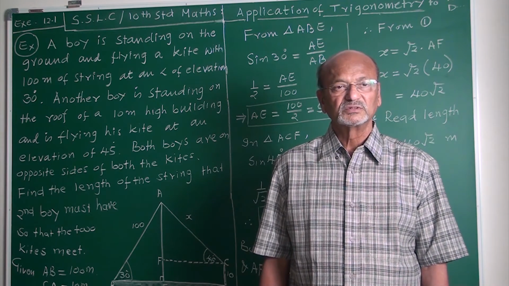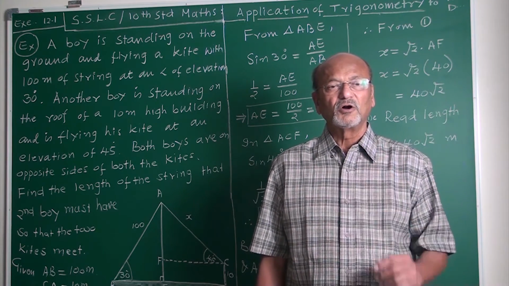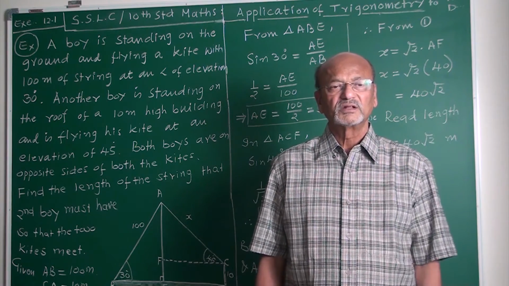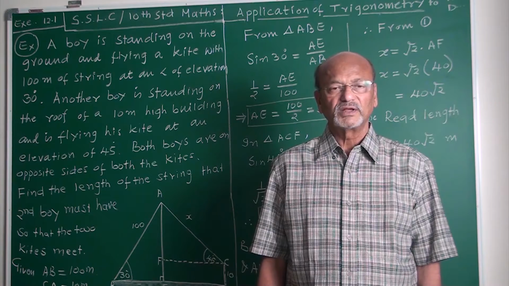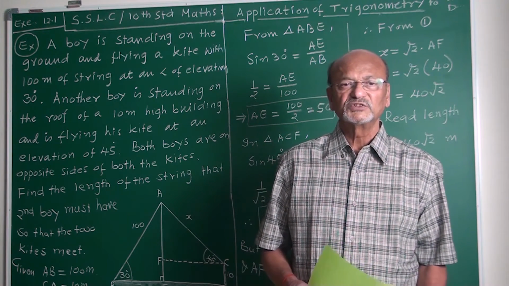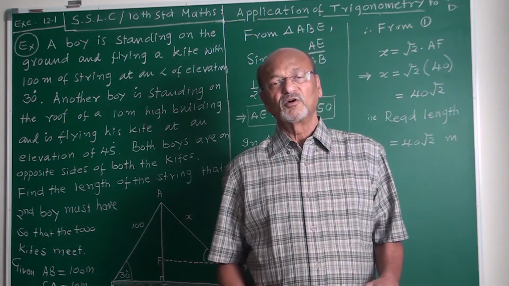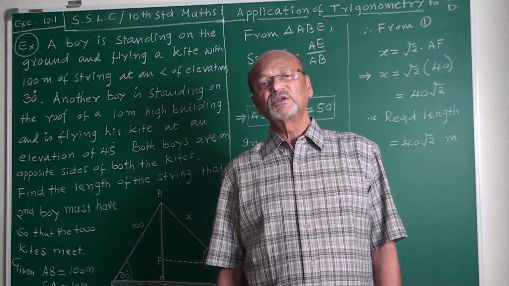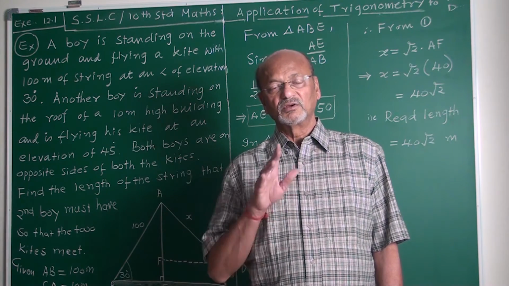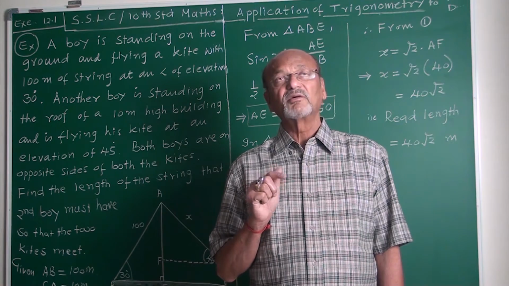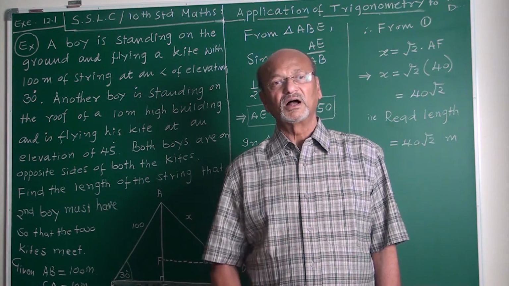If the object we see is above the horizontal, the angle formed is the angle of elevation. If the object lies below the horizontal, then the angle formed is the angle of depression. For depression, our head is down. For elevation, our head is up.